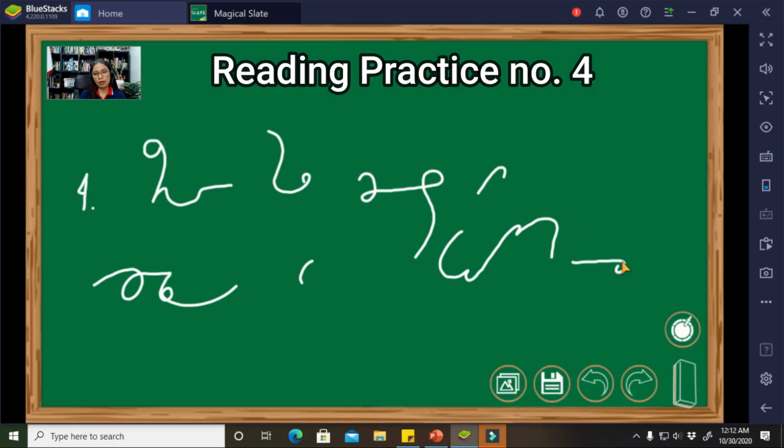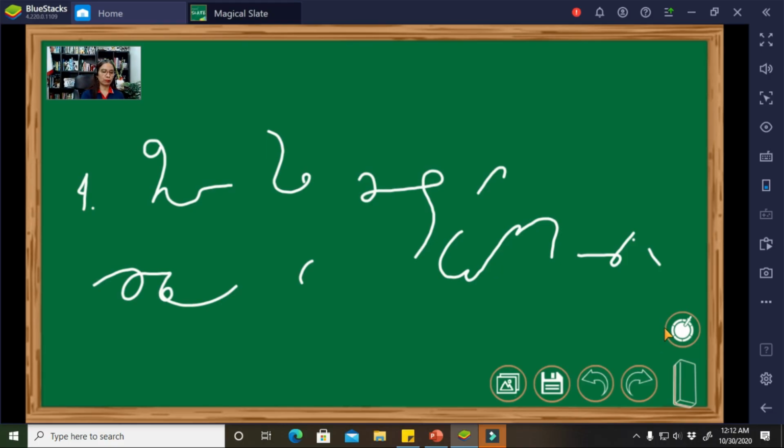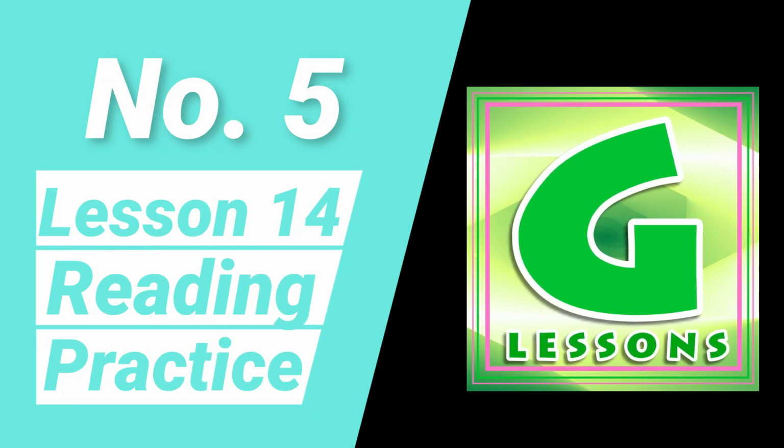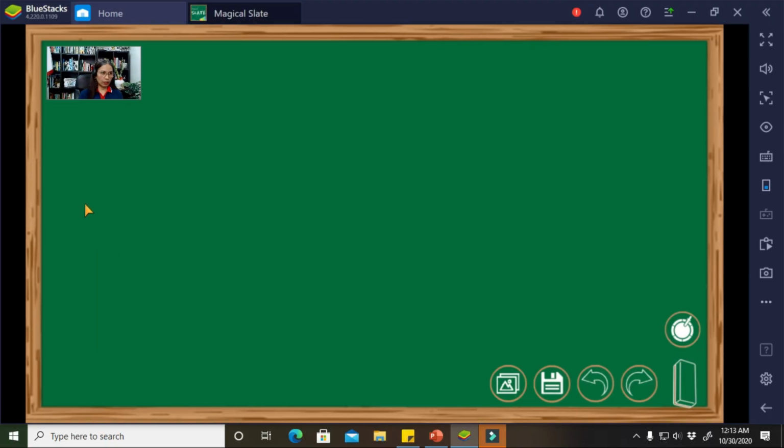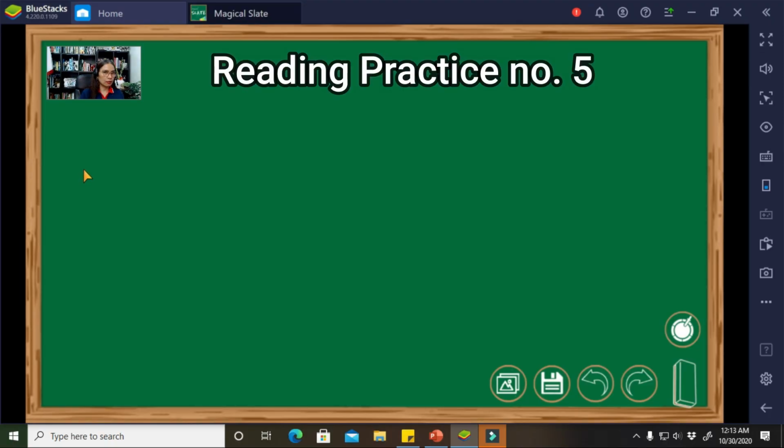And this is your last symbol. Then we have a dot here. This is your last symbol. Then we do have a dot here and a period. Alright, so that is your sentence number 4. Okay, for your sentence number 5.